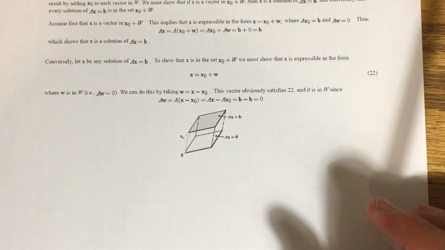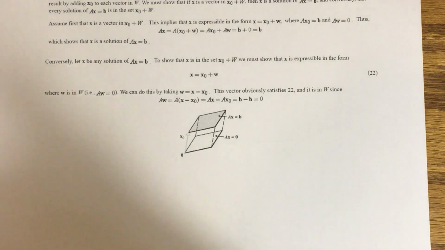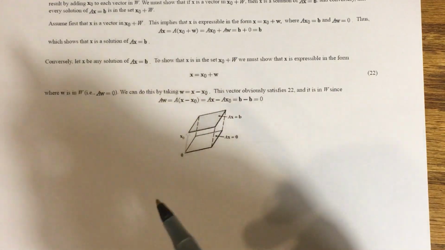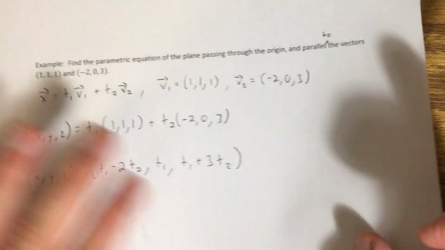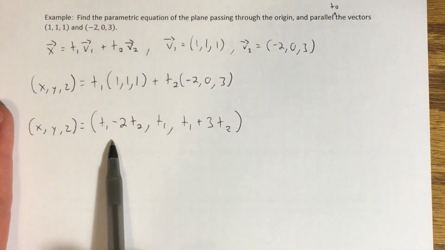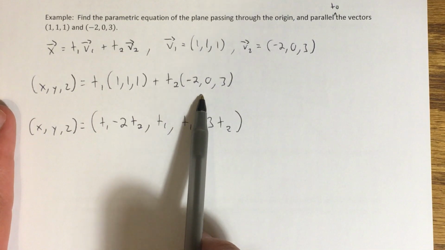So again, this is really, really important when we're trying to visualize solutions to linear systems. Let me go back to the specific case. Our solution set here was a linear combination of two non-collinear vectors.